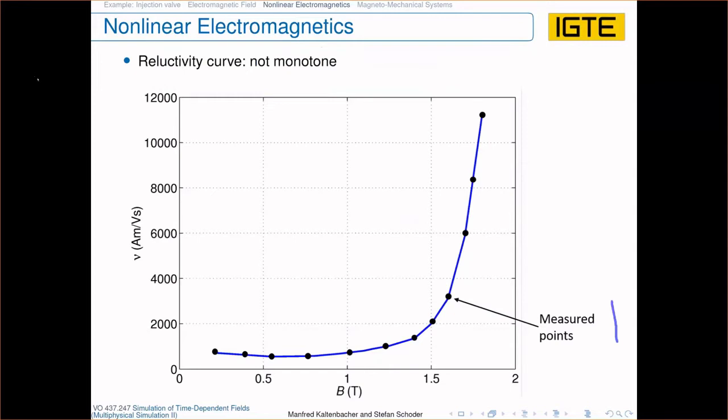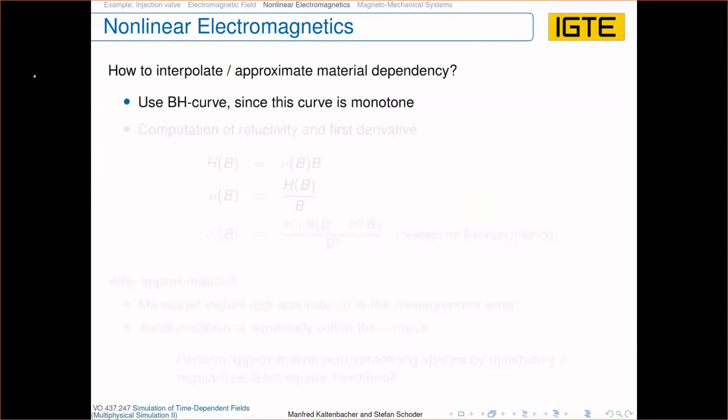Now, how can we solve such a nonlinear partial differential equation within the context of the finite element method?